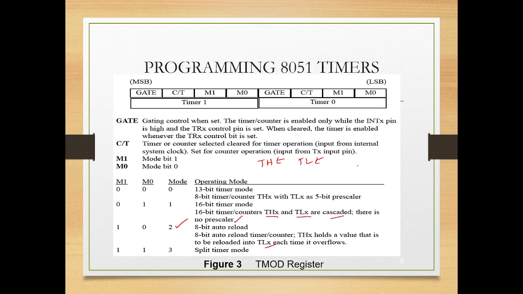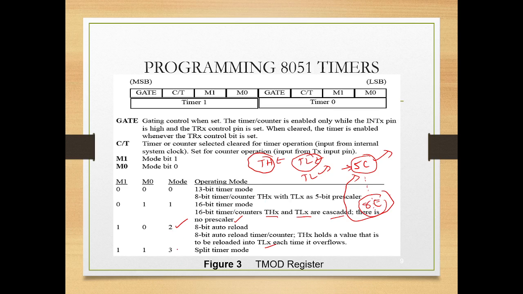It should always start from 5C. So I want the counter to always start from 5C. After counting up to some 8E, again I want to start from 5C. So this one becomes my reload value. Since this is 8-bit, the reload value will be in TH, whereas whenever the overflow occurs, this 8E should be taken as overflow. That value can be observed in TL. So this is the intention of mode 2.